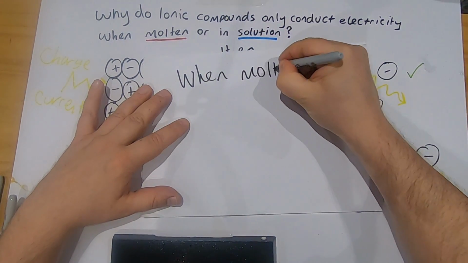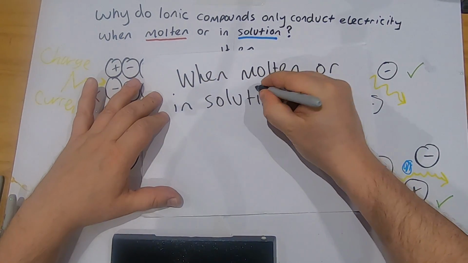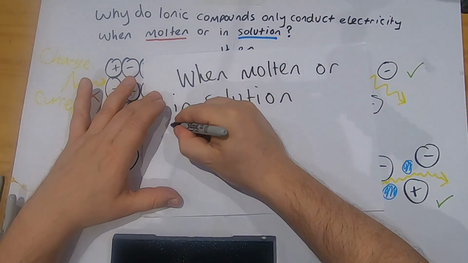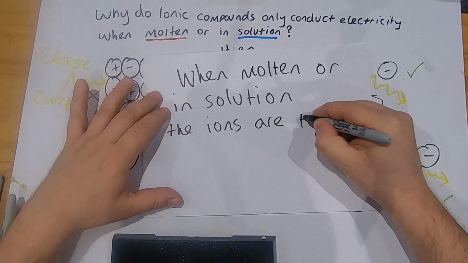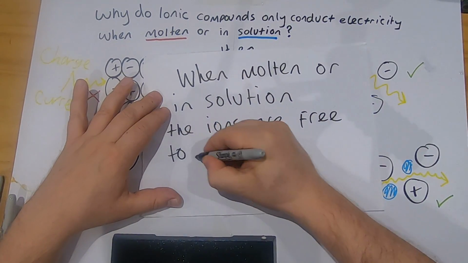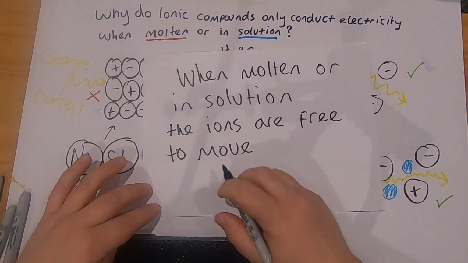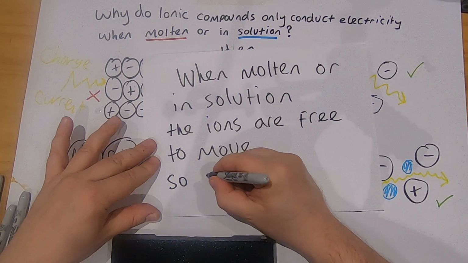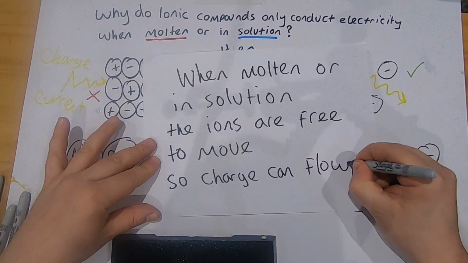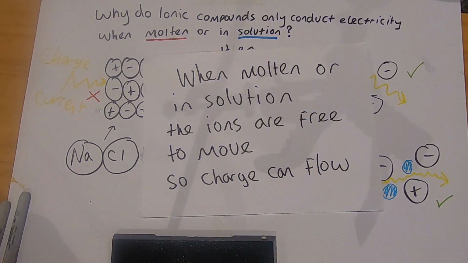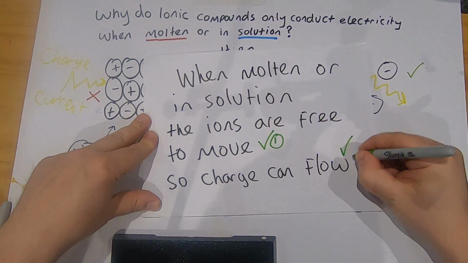When molten or in solution, the ions are free to move. In both situations, the ions are free to move, and so charge can flow. So you're really looking at the 2 marks: 1 mark for here, 1 mark for here.